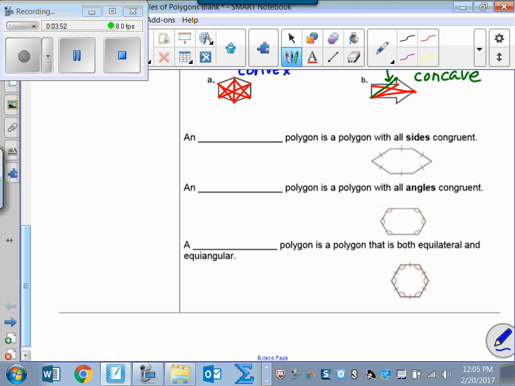Okay, what do we call a polygon that has all of its sides congruent? Well, we've used this term in reference to triangles. We know that that is called an equilateral polygon. And what did we call a triangle that had all of its angles congruent? Because we're going to call a polygon the same thing. We called that equiangular.